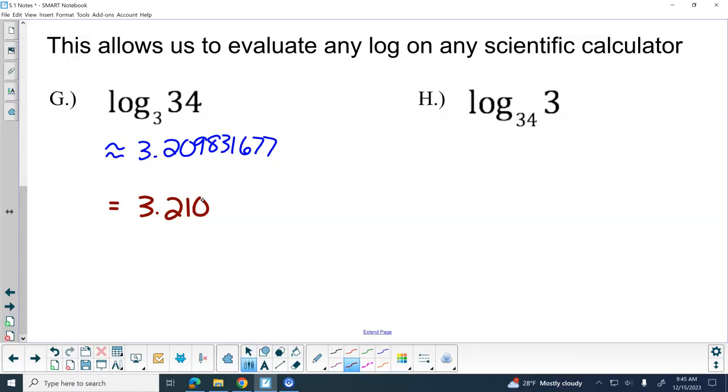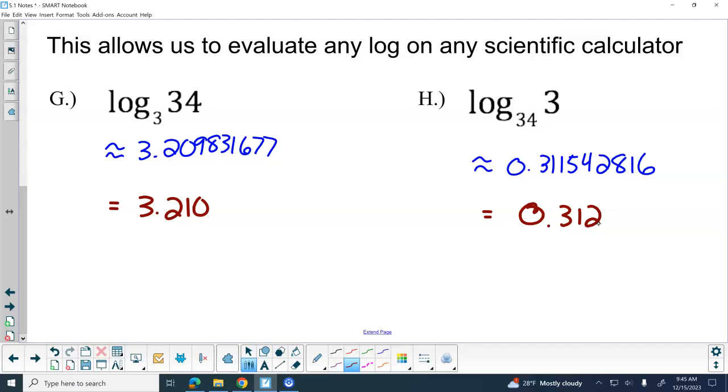Agree with that? Over here, you should have gotten approximately 0.311542816, which we will say is 0.312.